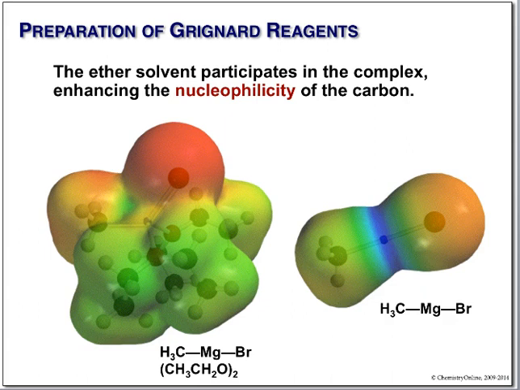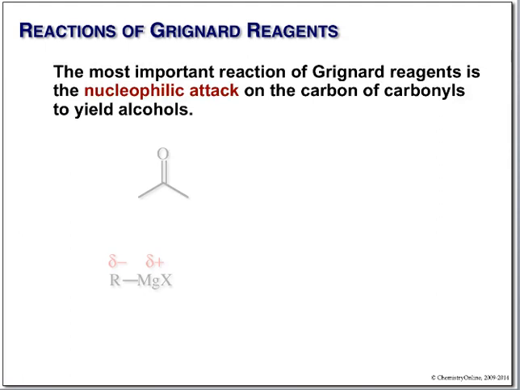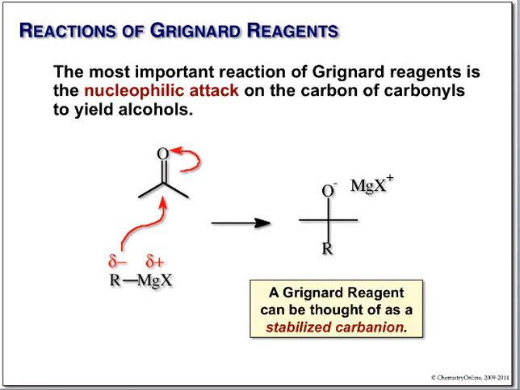The mechanism is going to be exactly like we saw with hydride. If we take a carbonyl compound and we take virtually any Grignard reagent, the negative charge on the alkyl, aryl, or vinyl group is going to be our nucleophile attacking the carbonyl carbon. When it does, we wind up with an addition intermediate.